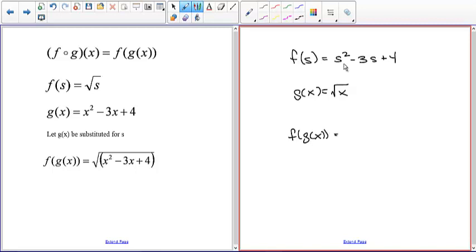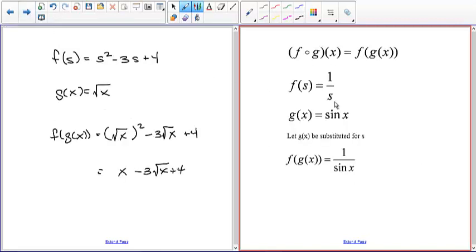And then in the right hand side, for s, I put in the square root of x. So to get the square root of x, quantity squared, minus 3 times the square root of x plus 4. And the square root of x squared is x. So I get x minus 3 square root of x plus 4.